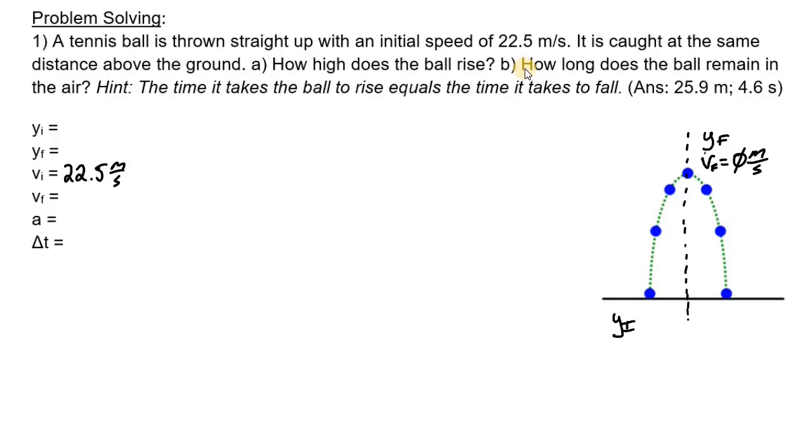If we're defining that this is the top of the trajectory, then the final velocity will be 0 meters per second. We're defining that. Another piece of information that we have is our acceleration. Well, it's acceleration due to gravity, right? We have the force of gravity acting on this object throughout the entire trajectory. So what's the acceleration?